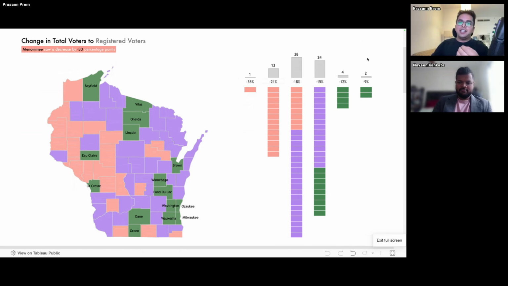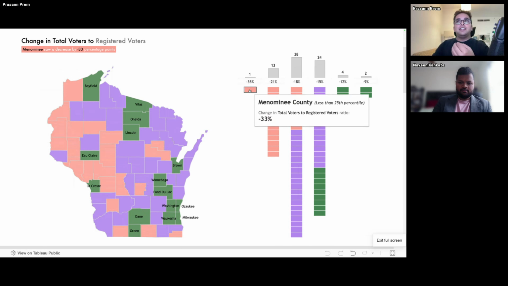The real picture is that there has been a decrease, and because it's percentile, the range is actually going from minus 36 to minus 9%. There is no increase, actually. It's all decrease. If we look at Menominee County, it has registered somewhere around minus 33%, and that's a lot.